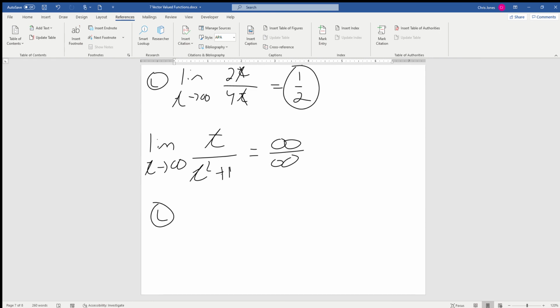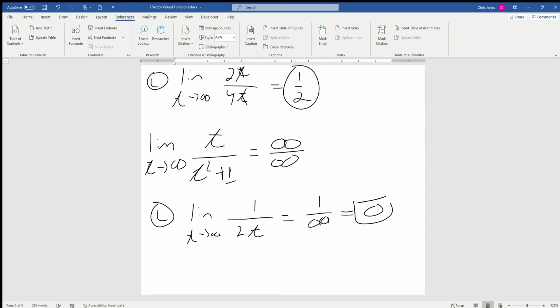So now we're going to end up with the limit as t approaches infinity. The derivative of t on the top is 1. The derivative of t squared is going to be 2t. The derivative of 1 is 0. So we get 1 over 2t, and we can think of that as 1 over infinity. Even though that's not correct, that's how we're thinking of it, which just becomes 0.